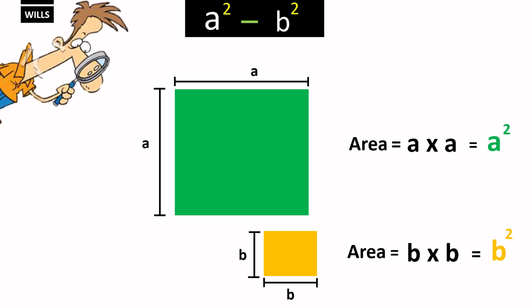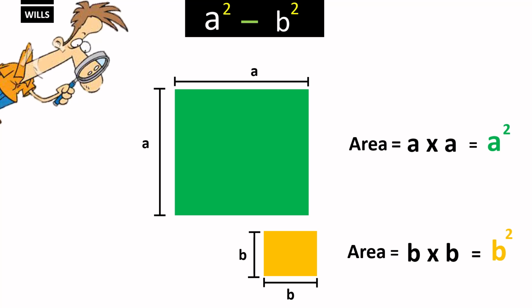We can see clearly that the first term of our expression a squared minus b squared is the area of the first shape, which is a squared. So the first shape, which is green, can represent the first term of our expression. And the area of the second shape, which is b squared, can also represent the second term.